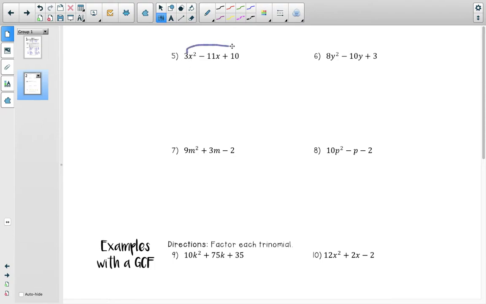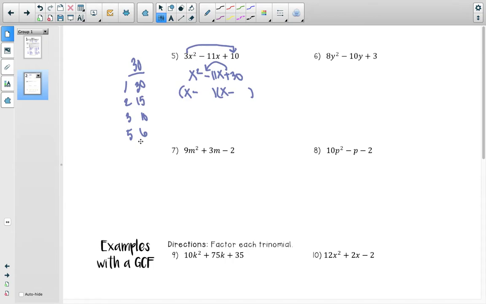So again, every first step, multiply the 3 to the last term, and that gets you x squared minus 11x plus 30. Because this last symbol is positive, this symbol in front will tell us what both the parentheses are. So we're going to have two sets of parentheses, both subtracting, and then we need to find the factors of 30. So 1 and 30, 2 and 15, 3 and 10, and 5 and 6.